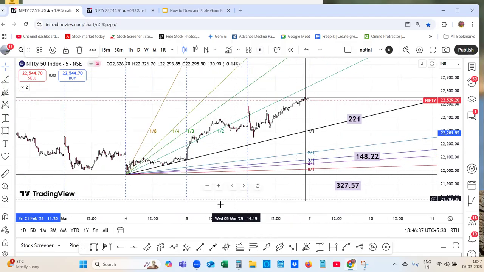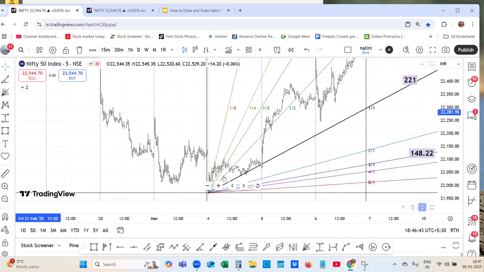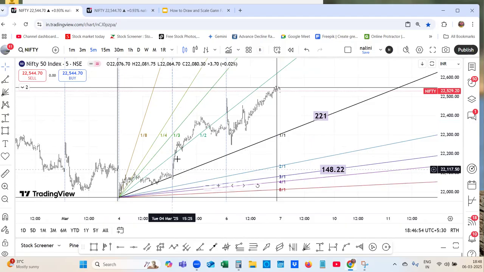So you can see from here the market started reversing. It took support around the 1 by 1 angle. Anything above the 1 by 1 angle is positive. It moved so swiftly yesterday, that was on Wednesday.